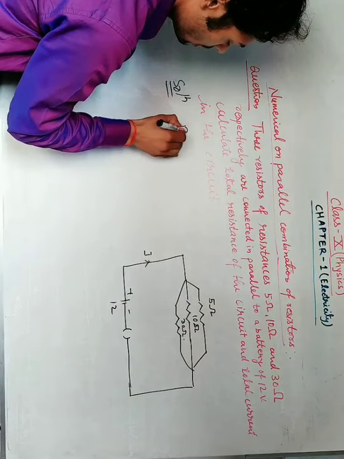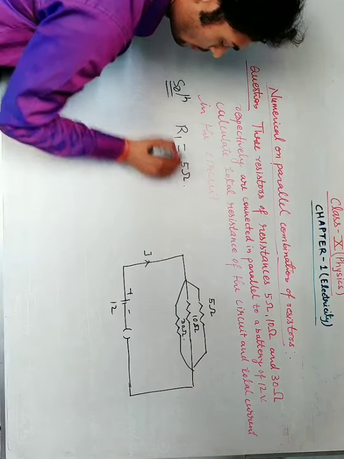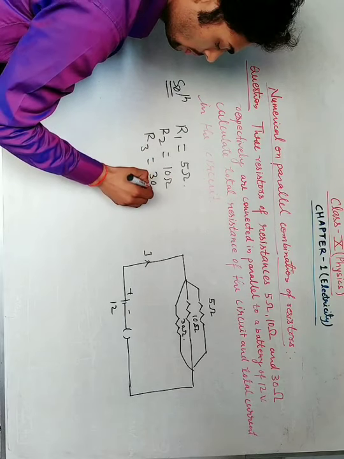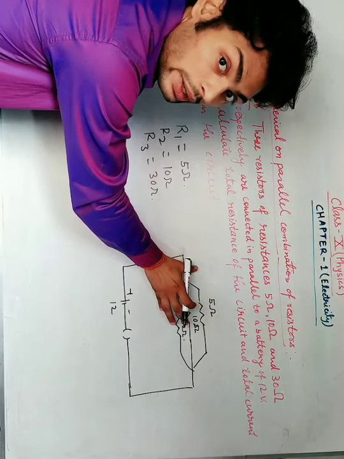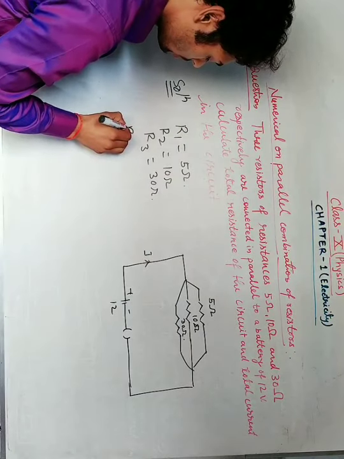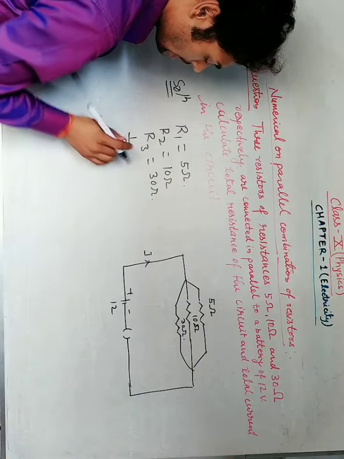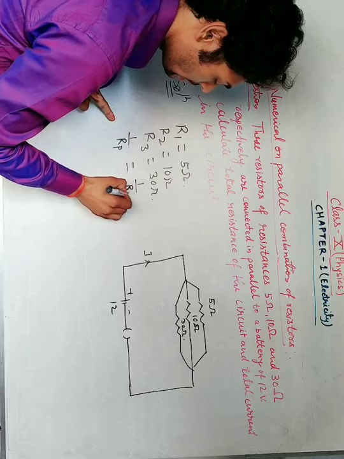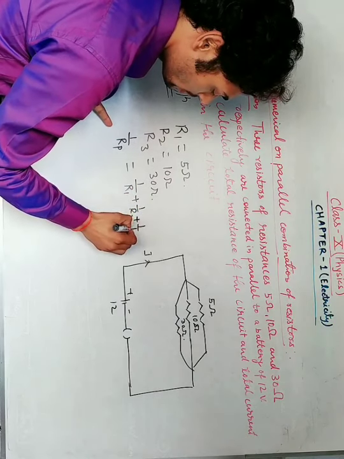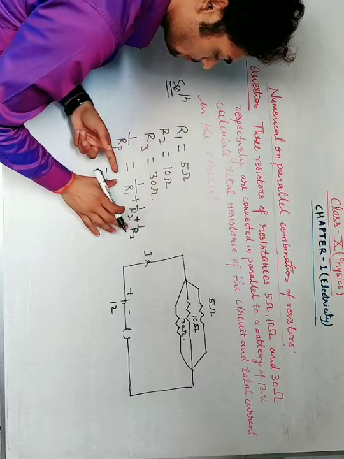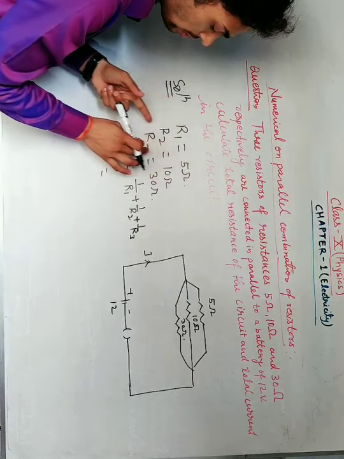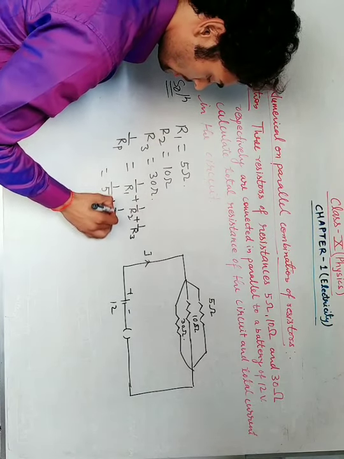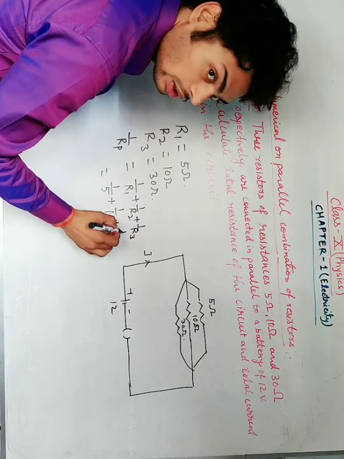Equivalent resistance: here given that R1 equal 5 ohm, R2 equal 10 ohm and R3 equal 30 ohm. So what is the formula of parallel combination of resistors? 1 by Rp, Rp represents the parallel combination, equal 1 by R1 plus 1 by R2 plus 1 by R3. Put the values in this equation: 1 by 5 plus 1 by 10 plus 1 by 30.